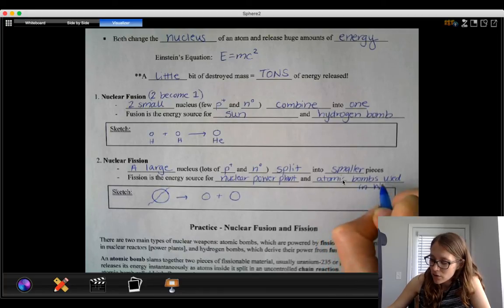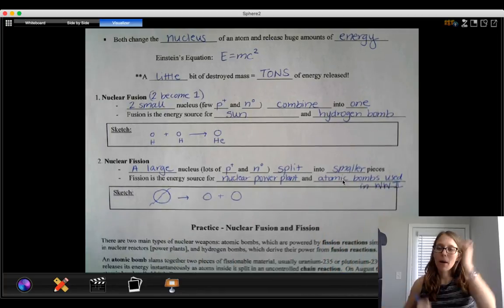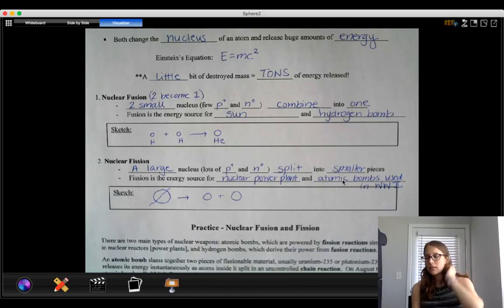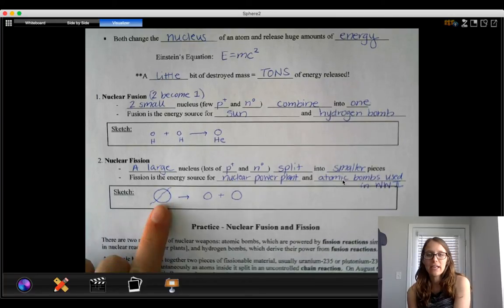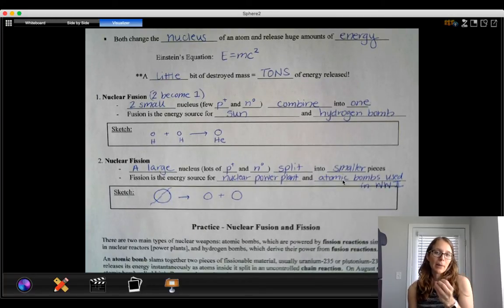So the US dropped 2 atomic bombs in Japan in World War II, and both of those were fission bombs. And again, uranium and plutonium are really common sources for that initial element that's going to break apart, and it gets shot with neutrons to facilitate that breaking apart process.